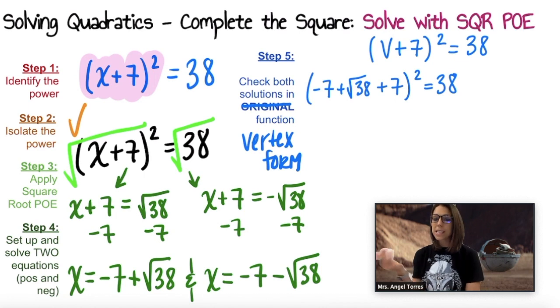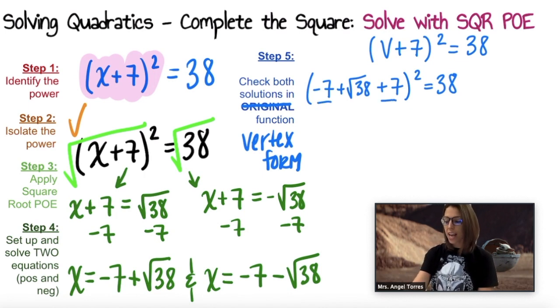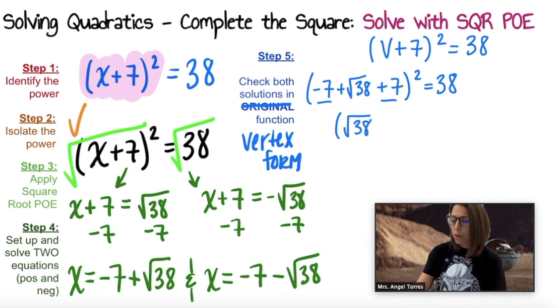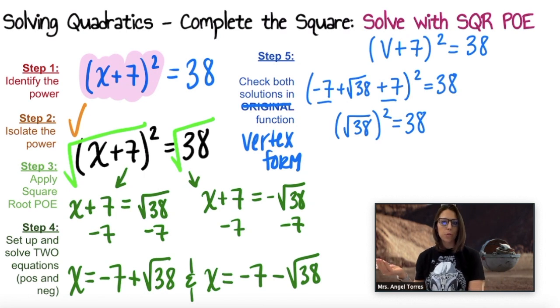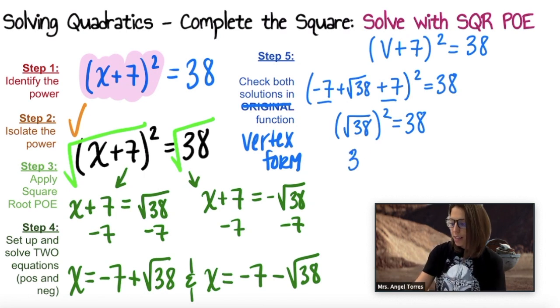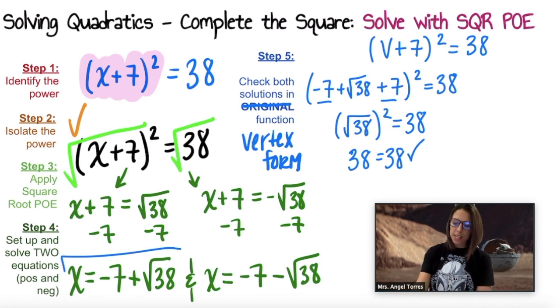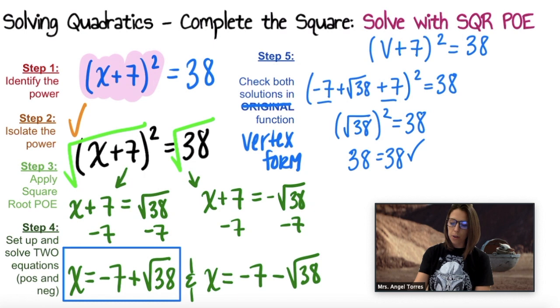Okay, well, as we can see here, we have a negative 7 and a positive 7, which equals 0, leaving us just with the square root of 38 squared equaling 38. And to undo a square root, you're going to square. So that leaves us with 38 equals 38, and we know that this is indeed one of our solutions.